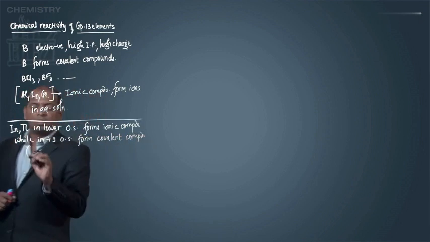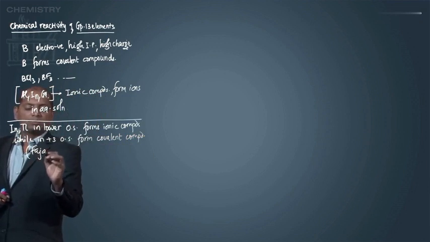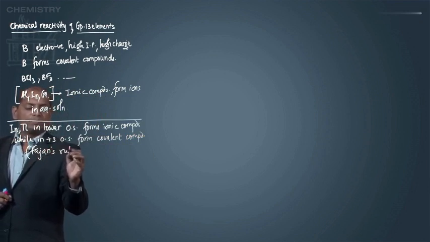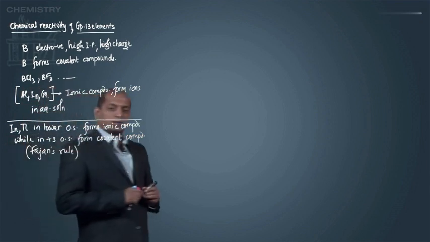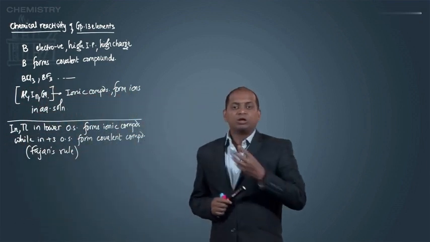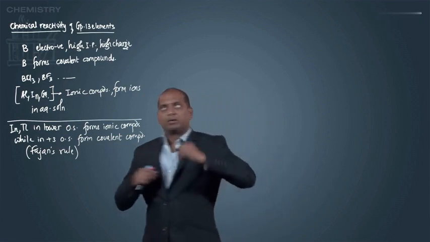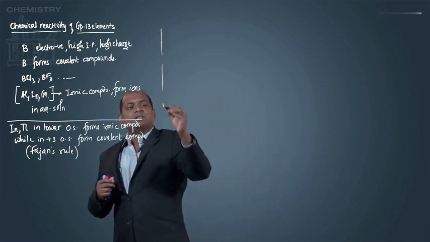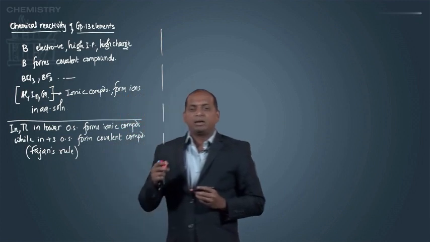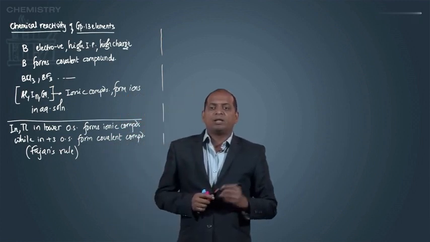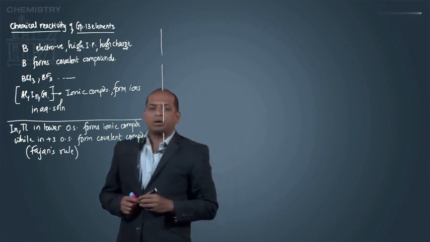And it is because of Fajans' rule. Higher the oxidation state, smaller will be the size and greater the charge, causing more polarization of electron cloud. Now, all these elements, when they form a compound, have an incomplete octet.